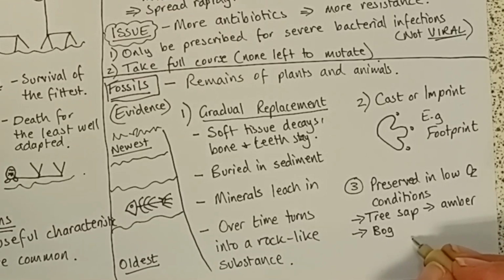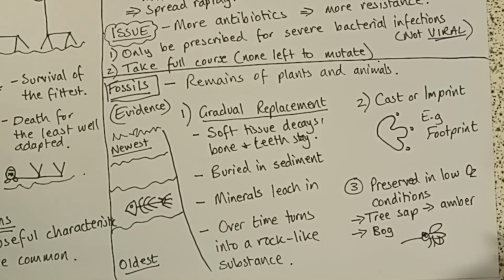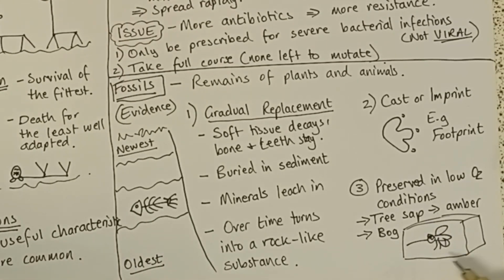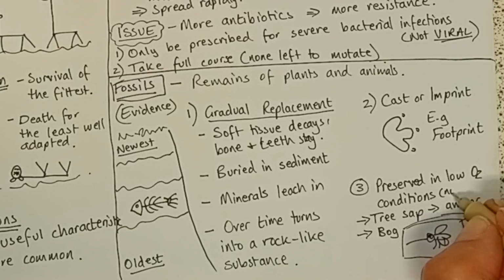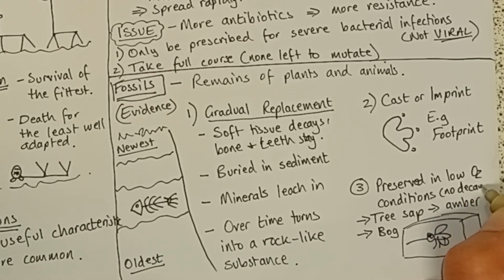So, Jurassic Park, if you remember, was when they found a mosquito that had been feeding on dinosaur blood. It had landed on a tree and the sap had leaked out of the tree, completely encased it, and it was totally preserved. It hadn't decayed. So there is no decay, or less decay.